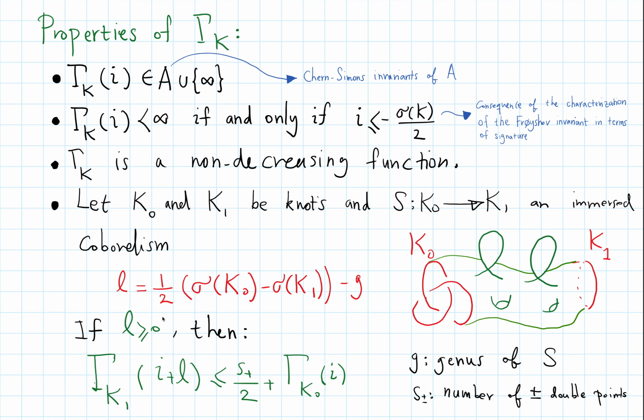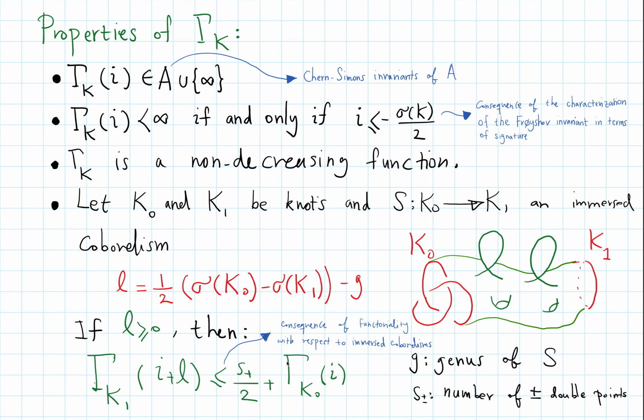The next comment is that please note the asymmetrical role played by the genus G and the number of double points. You would see that this condition is not symmetrical with respect to these variables, and that's how we can get some lower bounds for the 4-dimensional clasp number, which wouldn't work for the slice genus.